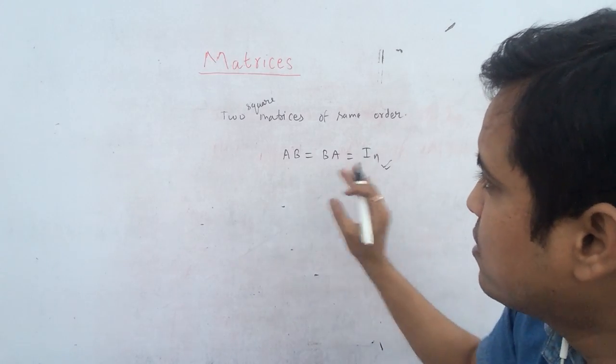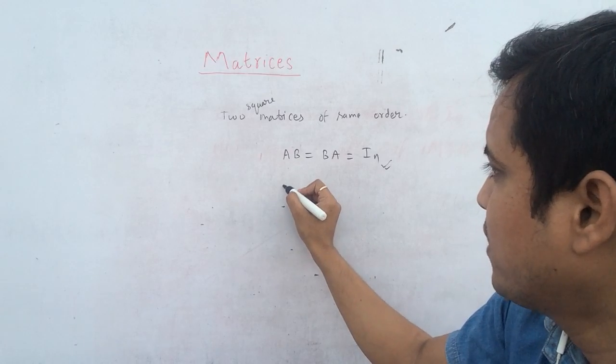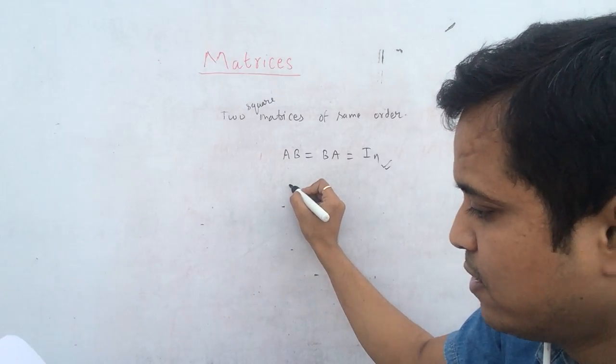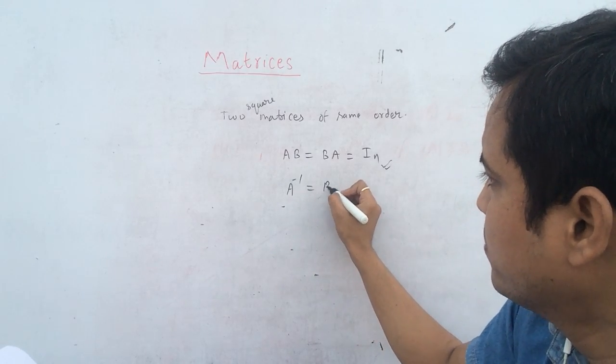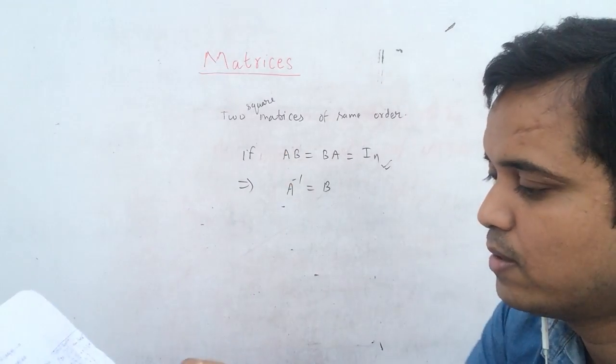Then in this case you can say that B is the inverse of A, and you can write it as A inverse equal to B. If it is this, then A is invertible.